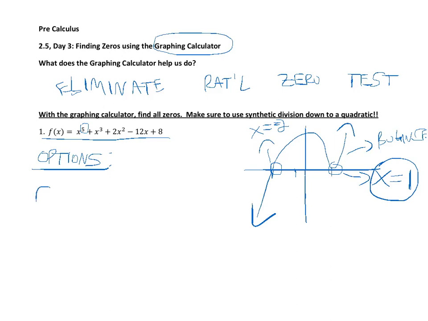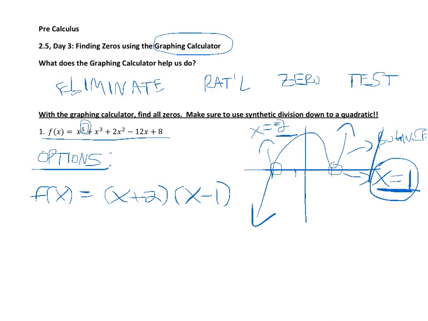Now, here are my options for f of x. My factors are, let's see, if negative 2 is a zero, the corresponding factor is x plus 2. If x equals 1 is a zero, then its corresponding factor is x minus 1. Now if you look how it's written, if you FOIL this out, your degree would be 2. We need to get this to be a degree of 5.